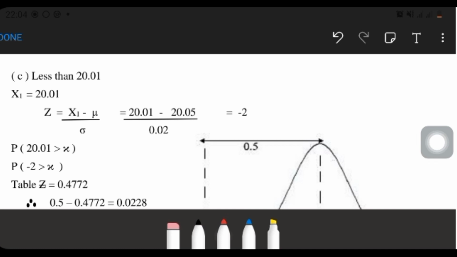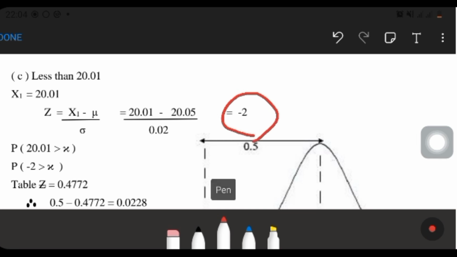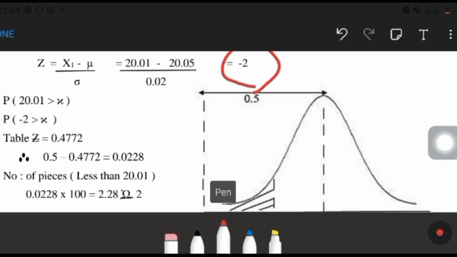Then you have the answer as -2. Then you can see the probability equation is displayed here, and I already checked the z table value, and I got the table z value as 0.4772. So that's the table z value relative to -2.